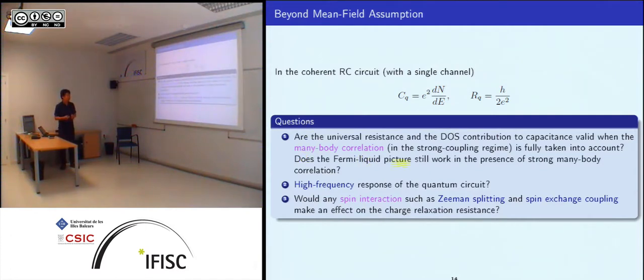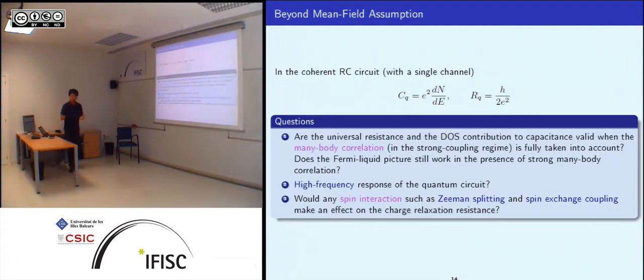So our question is like this: we consider the strong many-body correlation and see how this capacitance and resistance are changing. And also we want to see the high frequency response of the system. We will see very interesting features. And we also want to study how the spin interaction can affect the resistance.